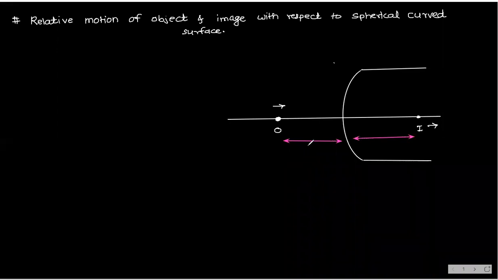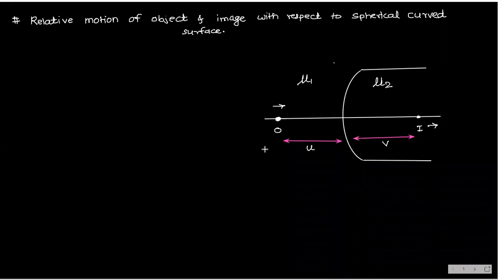Object distance, image distance. And as you know, this is refractive index mu1, and this is refractive index mu2 for this curved surface. Clear? And now listen what we did and how we have derived that.